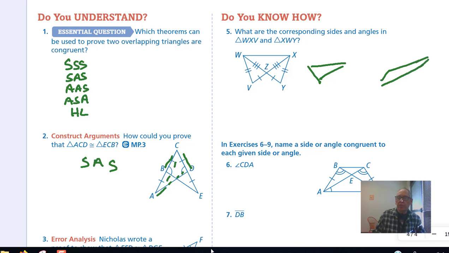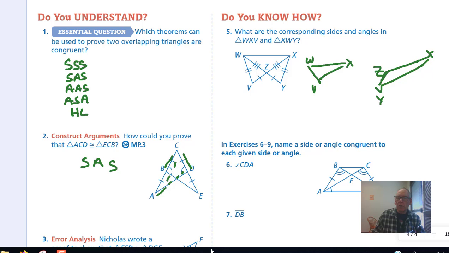It's supposed to be a triangle. Okay, let's see. This is triangle VXW, and this over here is triangle YZX.